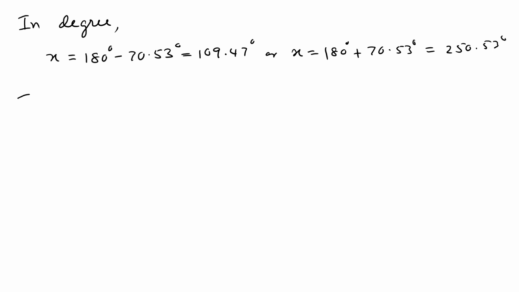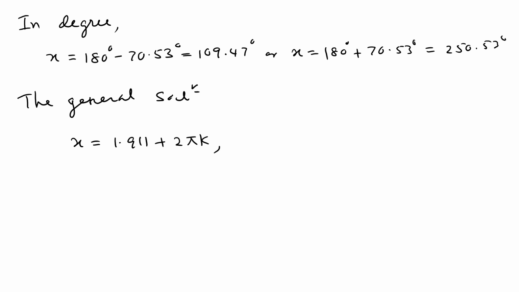So the general solution, in radians, you can write this one as x equals 1.911 plus 2 pi k, or x equals 4.373 plus 2 pi k.